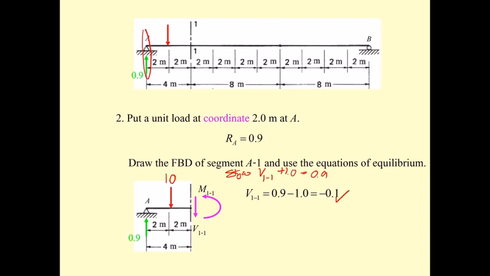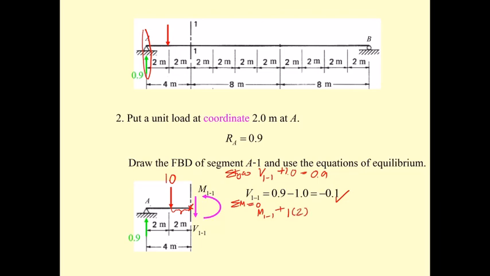And then you take the moment here. Summation of the moment equal to 0. And then you get what? You get M1-1 over here. And then this one is going to rotate in the same direction as the moment, so plus 1 times 2.